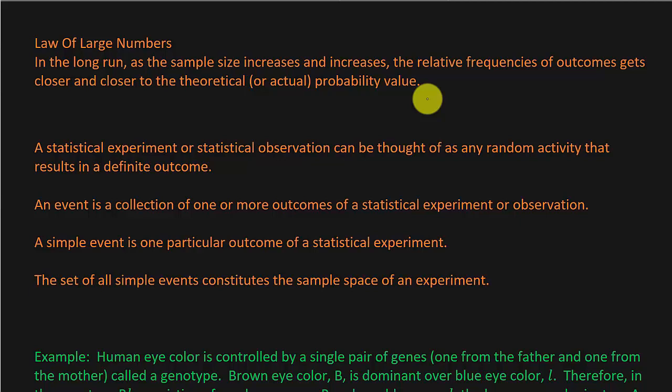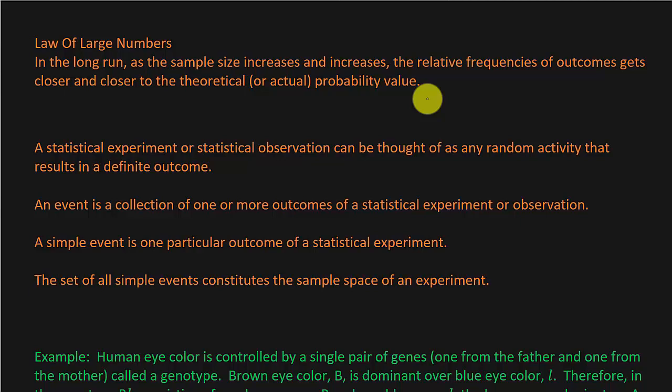But if I flip it 100 times, am I going to get 50 and 50, 50 heads, 50 tails? Probably not. But what about 1,000, 100,000, 1,000,000 times if I flip it? Is it going to be exactly half heads, half tails? Probably not.